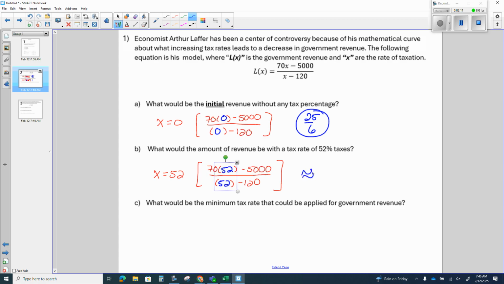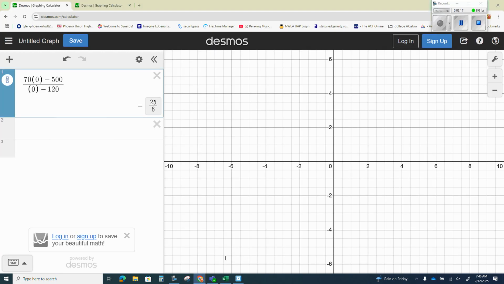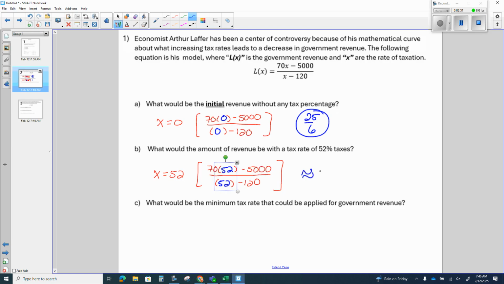Again, I'm going to put parentheses, and this time I'll use the decimal version so you can see both of them. So we're going to plug in 52 instead of 0. And there's my fraction part, and I can go ahead and switch it over, and I got negative 46.18, roughly.